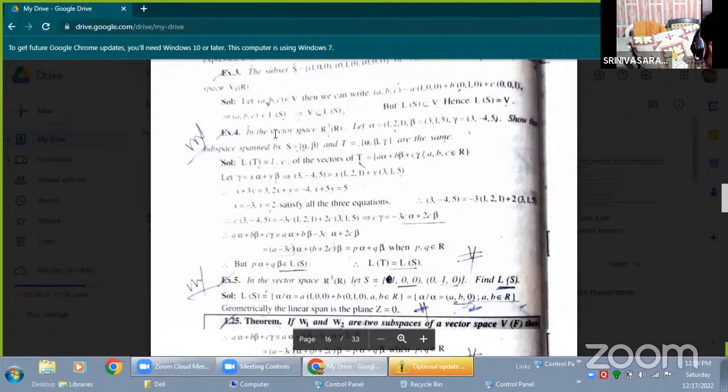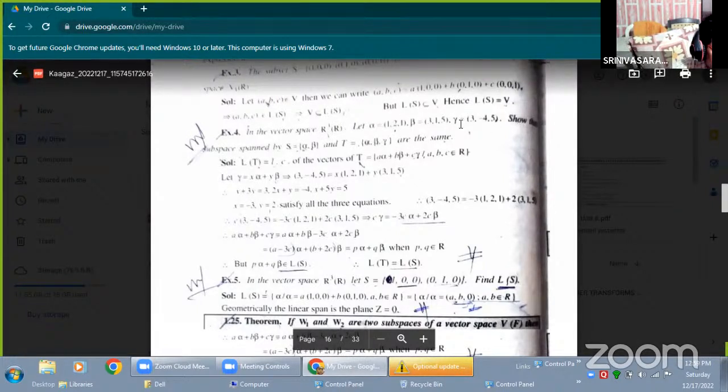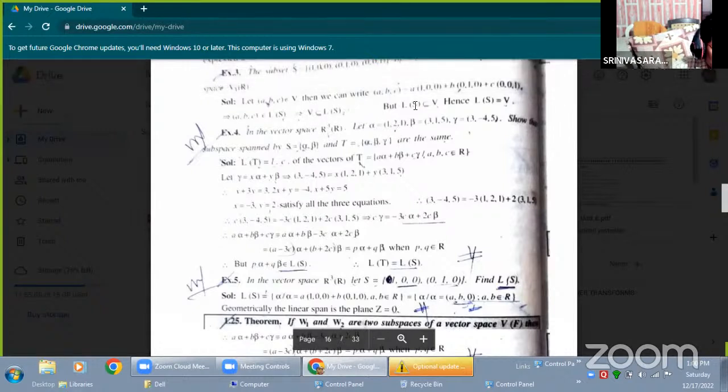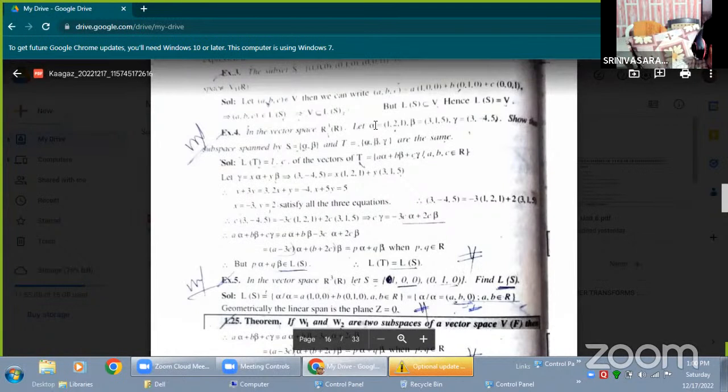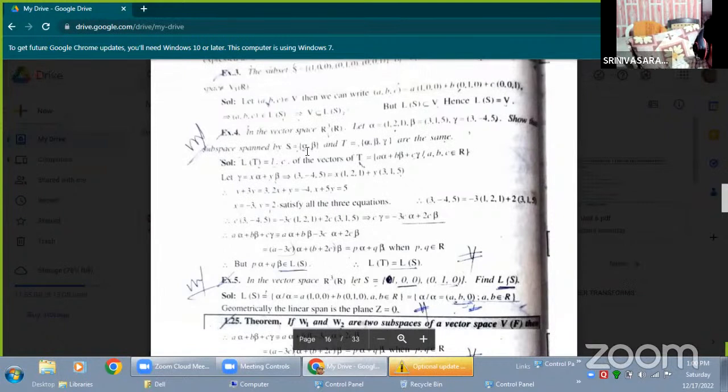In the vector space R cube over R, alpha, beta, gamma are 3 vectors given in the set. These vectors form the subsets S and T. The subset S is generated by the vectors alpha and beta.